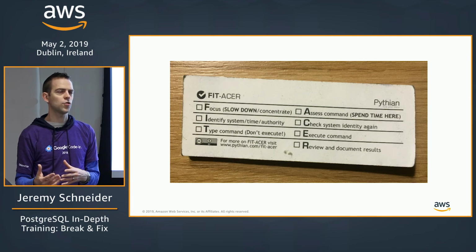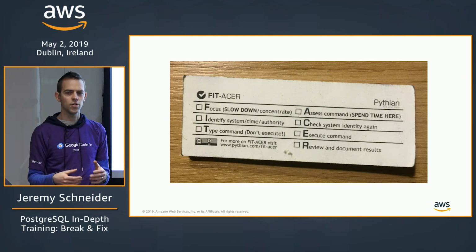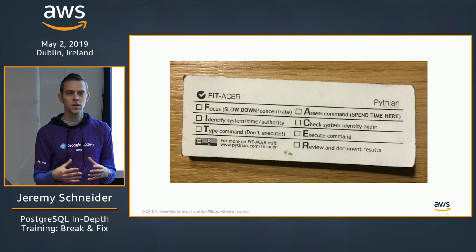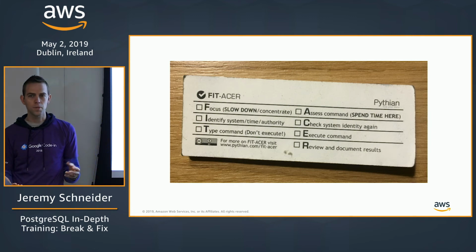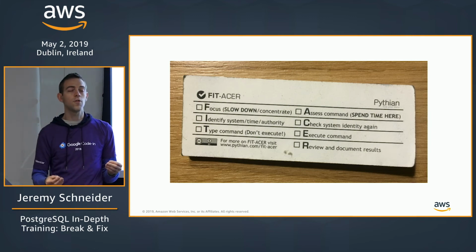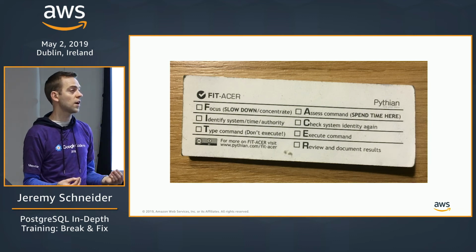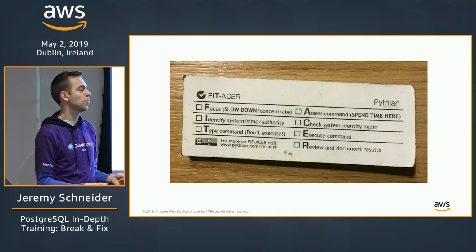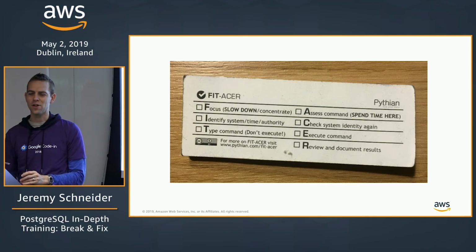The author talks about the aerospace industry, he looks at construction, he looks at a whole bunch of places and talks about the importance of checklists. Paul got really inspired, and Paul runs a managed services company that does an awful lot of database administration. So what Paul did was decide he wanted to come up with a checklist for his DBAs, and he came up with FIT ACER. I've been a fan of this ever since I first heard about it.